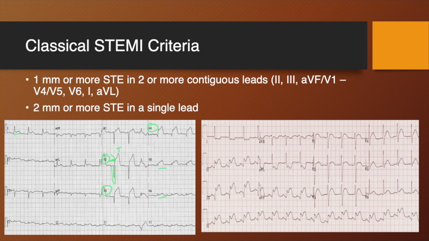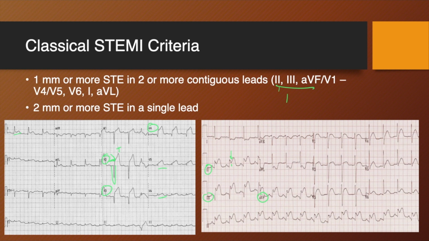Now over here on the right, we see a more classical STEMI manifestation in the inferior wall. So you have leads 2, 3, and AVF. Remember, 2, 3, and AVF are the inferior wall. That's the right coronary artery. And you see that you've got the QRS complex, and you've got the J point here, and you've got several millimeters of ST elevation in 2, 3, AVF.